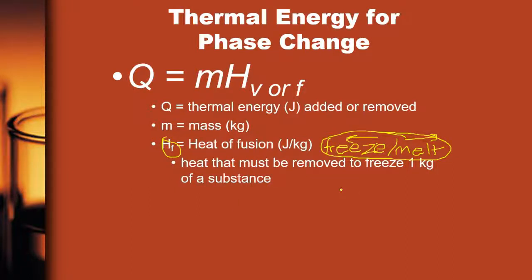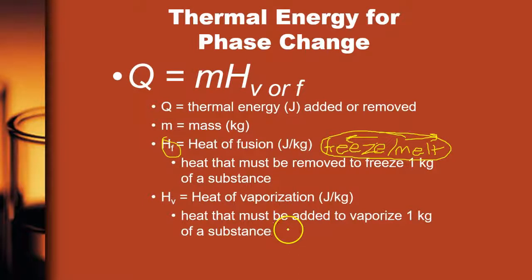And then HV is called the heat of vaporization. Out beside this one's going to take longer to write. I want you to write, maybe I'll abbreviate it, VAPOR period, which stands for vaporization, slash condensation. There we go. Vaporization, condensation. Can you read that? That's an N. So this is the heat that has to be added to vaporize or boil 1 kilogram of a substance.